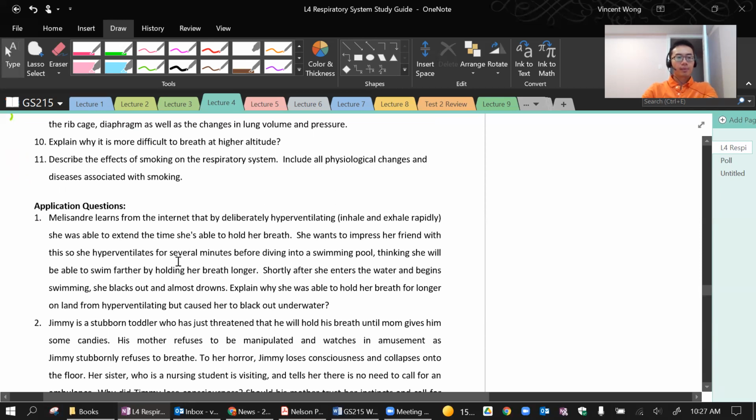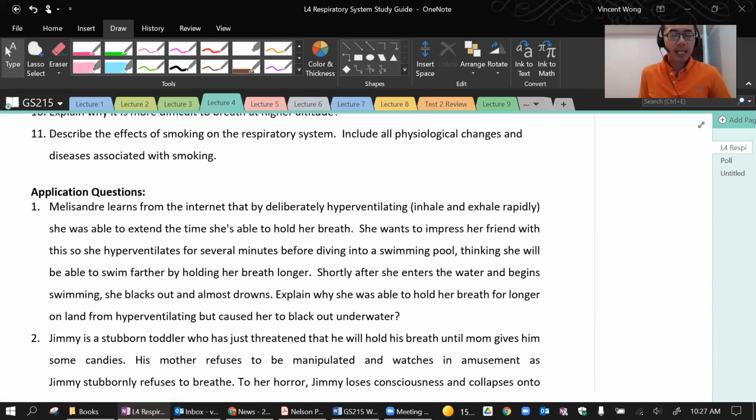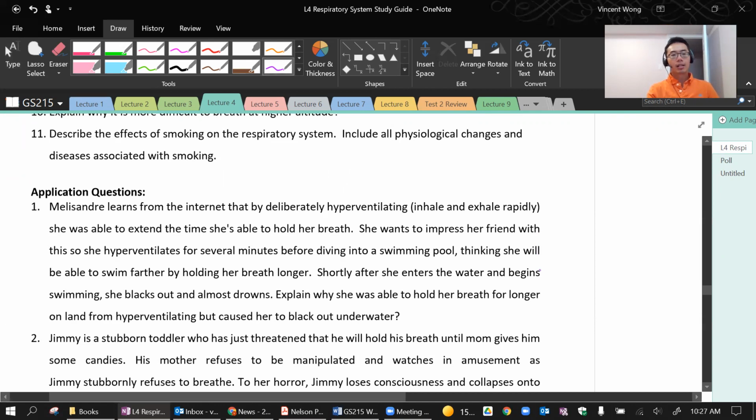They are quite lengthy. First one, Melisandre learns from the internet that by deliberately hyperventilating, so like inhaling and exhaling rapidly, she was able to extend the time she is able to hold her breath. She wants to impress her friend with this, so she hyperventilates for several minutes before diving into a swimming pool, thinking she'll be able to swim further by holding her breath longer.